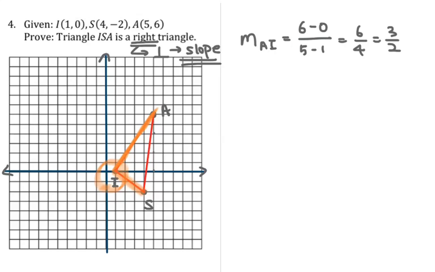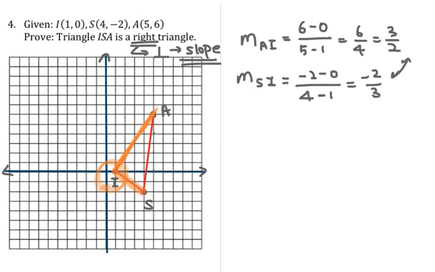All right, now the next one is the slope of SI. Here we get negative 2 minus 0 over 4 minus 1. Then we get negative 2 over 3. Notice that the slopes are negative reciprocals of each other.